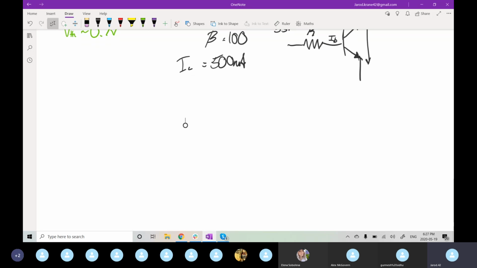Something I probably should have started with, now that I look at my notes, is what we need to see to be turning on the device.